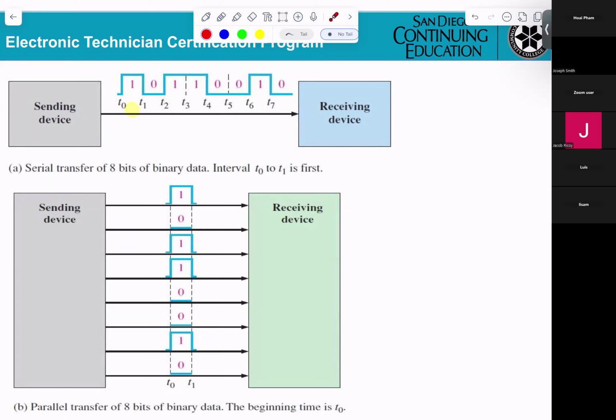Parallel data: you get 1, 2, 3, 4, 5, 6, 7, 8. That means 8 bits. To transfer them somewhere else, they need 8 wires. 8 bits need 8 wires. 16 bits, they need 16 wires.